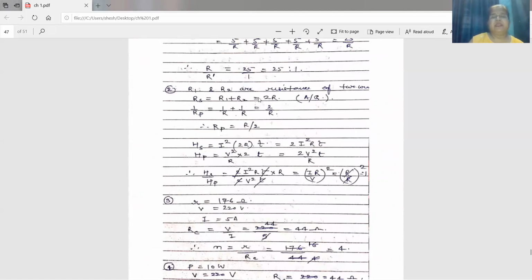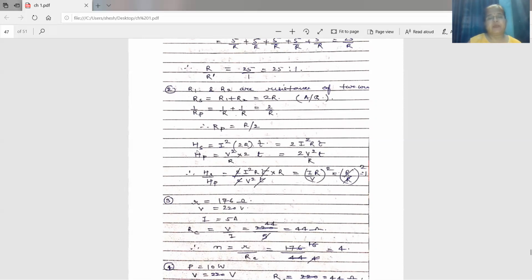So when they are connected in series, the total resistance: since they are of the same material, length is the same and area of cross section, that is diameter, is the same, let the resistance be R, then the resistance of the two wires will be the same. So the total resistance when they are connected in series will be 2R. Similarly, when they are connected in parallel, you are getting R by 2.